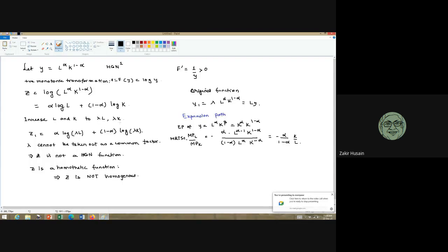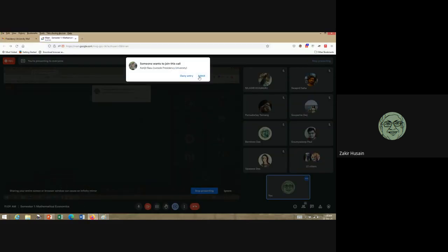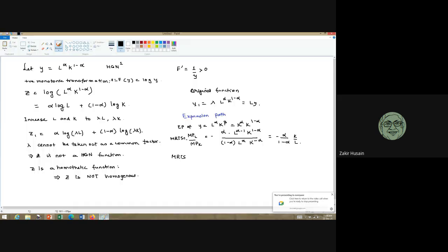Okay, so if we look at the transformed production function, what is the MRTS? It is the same as in the previous step.